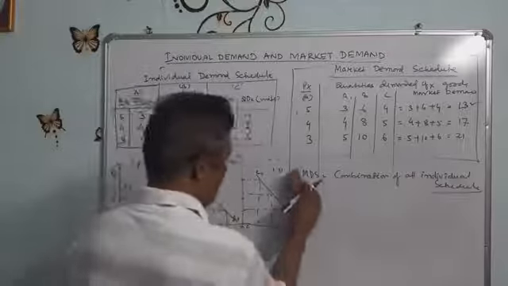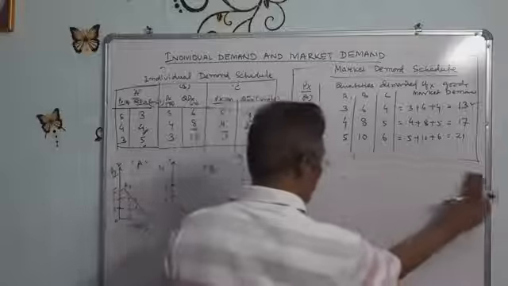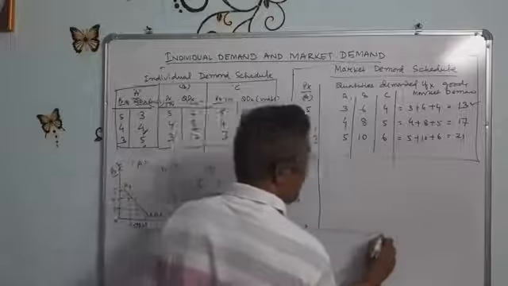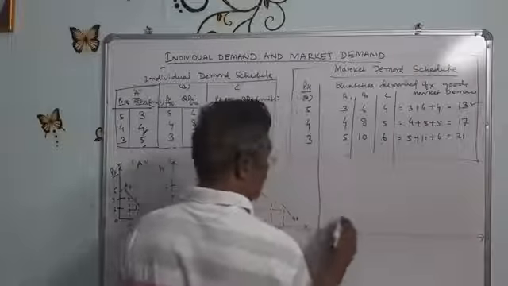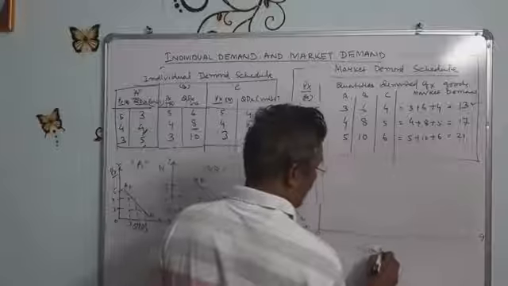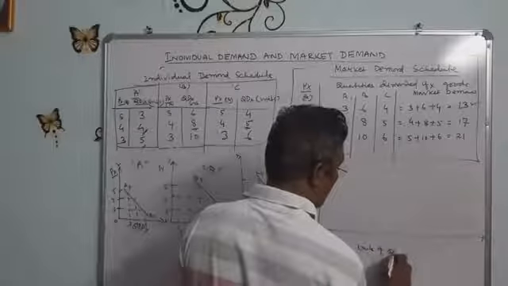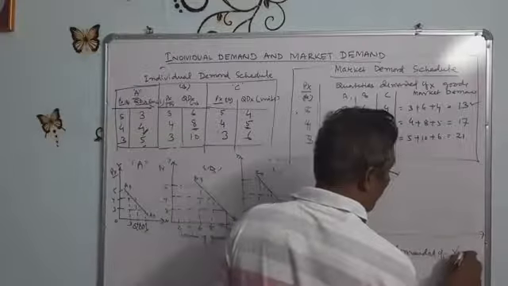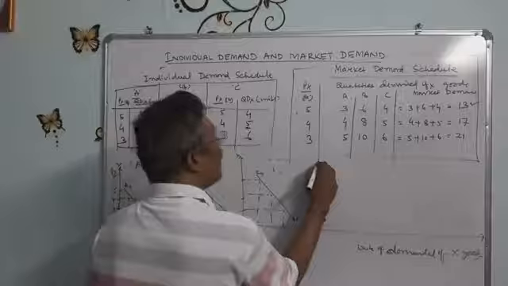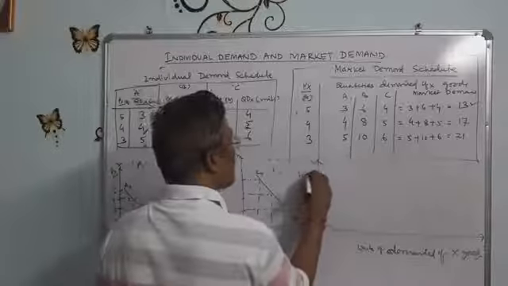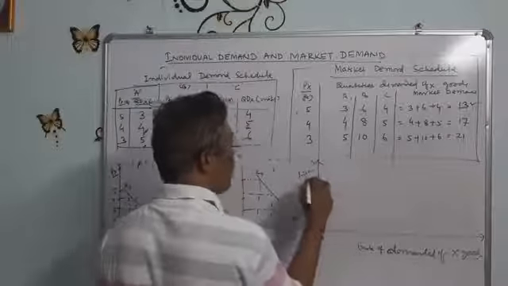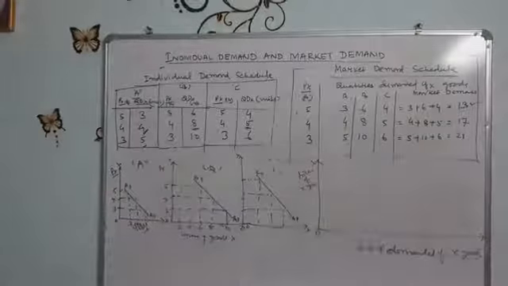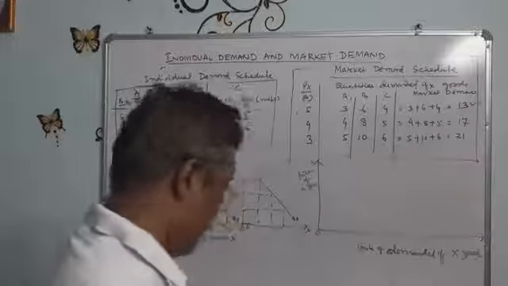When we combine all three individuals, A, B and C, on the OX axis, units of quantity demanded of X goods, and the OY axis, the price of X goods, the market demand will be like this.